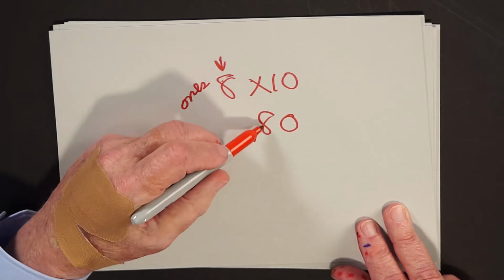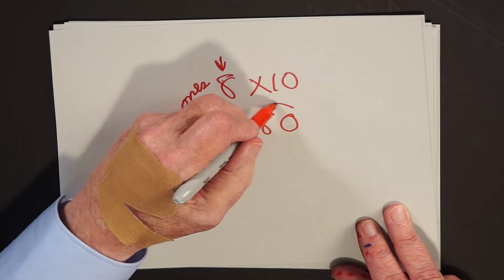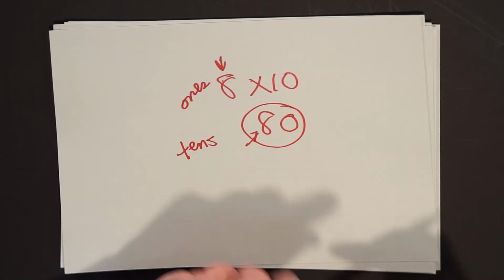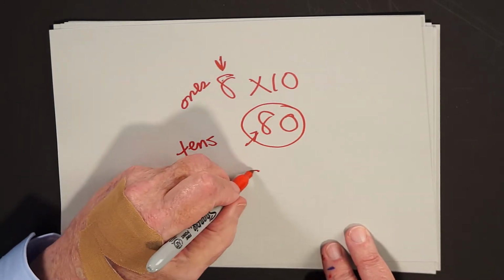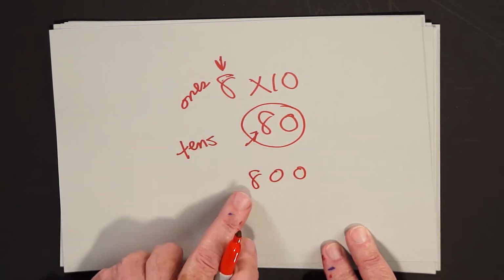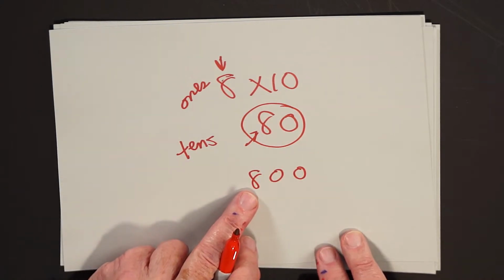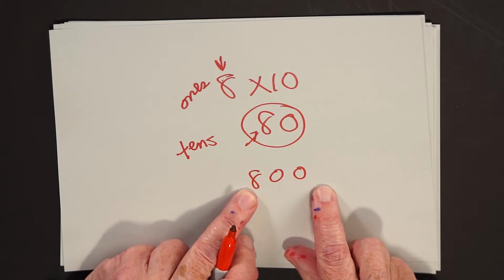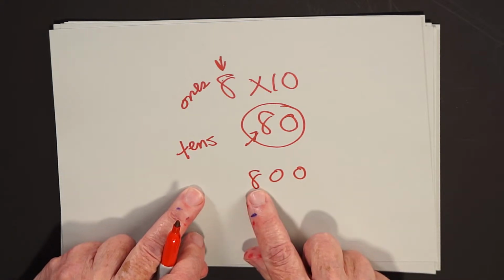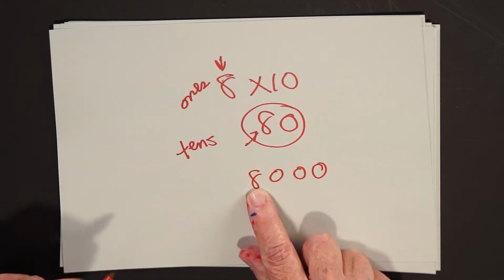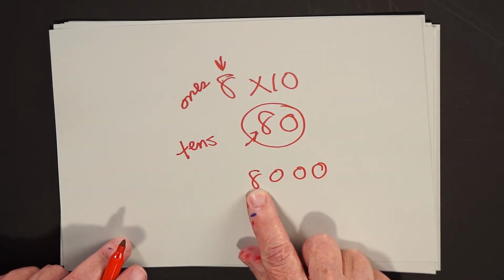So instead of 8 1s, I now have 8 10s, and that was the logic behind tacking on the 0. See, every time I tack on a 0, the 8 takes on a new noun to modify. Tacking on 2 zeros, the 8 is still 8, but it's now 800. Tack on another 0, the 8 is still 8, but it's now 8,000.